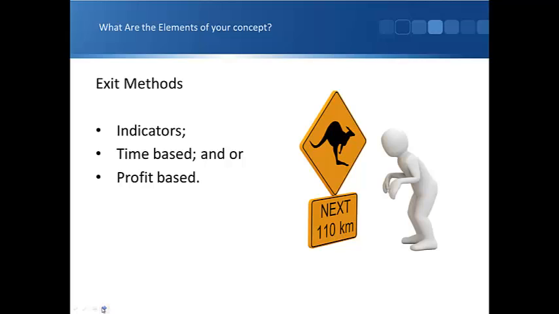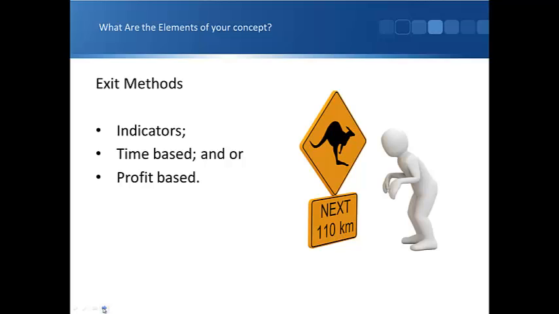So there are a number of ways we can get out of the market. Would your concept be based around your exit method, or would it be based more around what you've identified as an opportunity in the market, as far as an entry and how to extract profit from that entry? Yeah, it could be both, couldn't it?